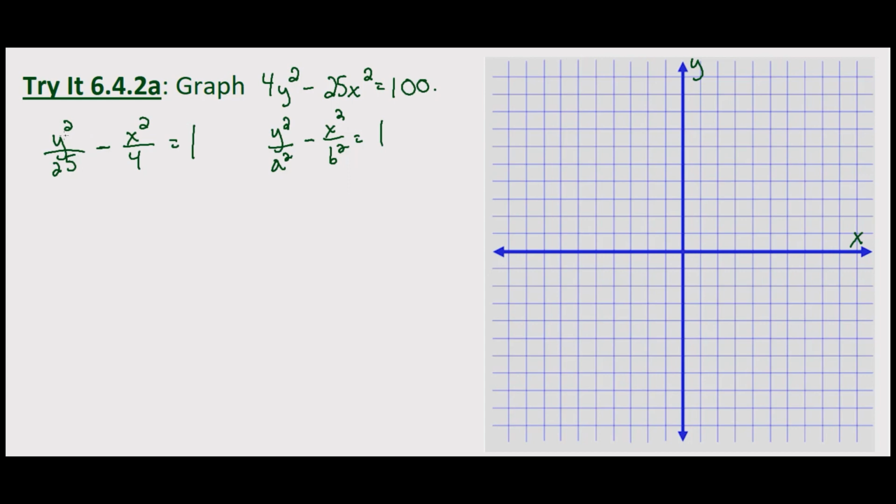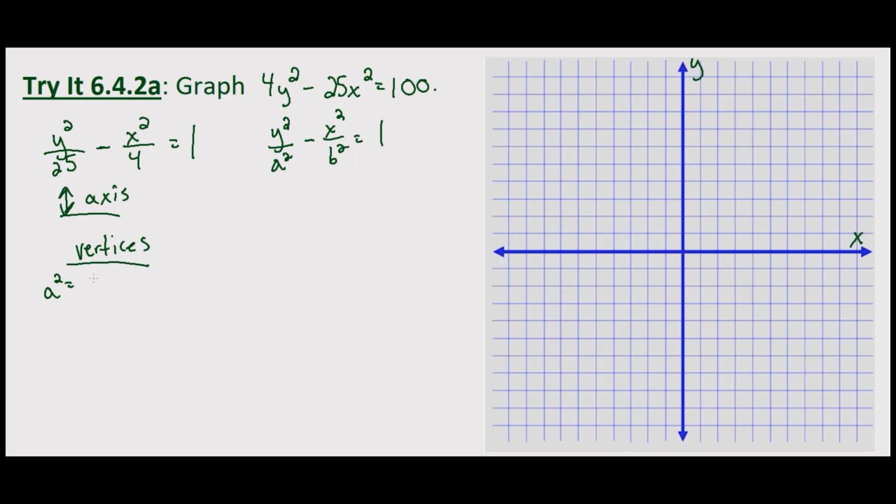The y squared term comes first. It's positive, so we know that it's going to have a vertical axis. It's going to open up and down. With the vertices, we have a squared equals 25. Notice there's nothing being added or subtracted to x before it's squared, so we know that the center is the origin.